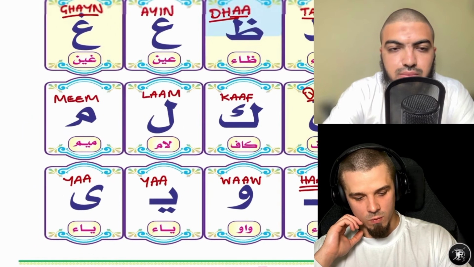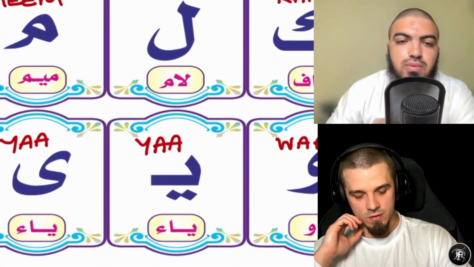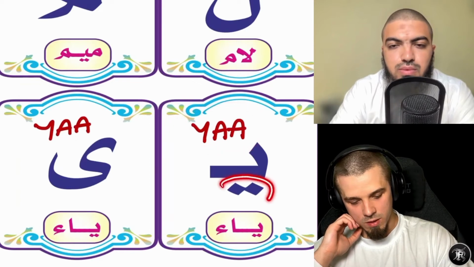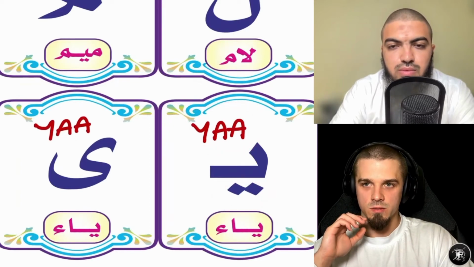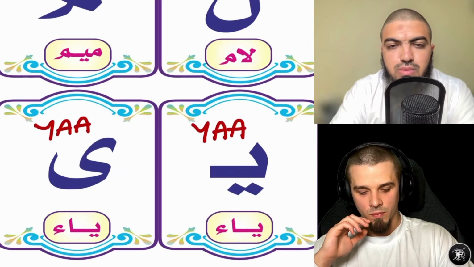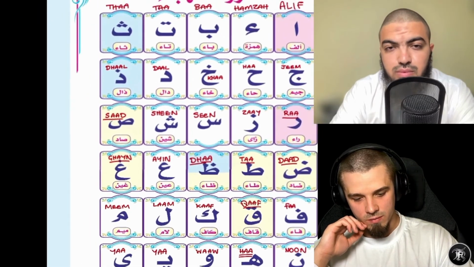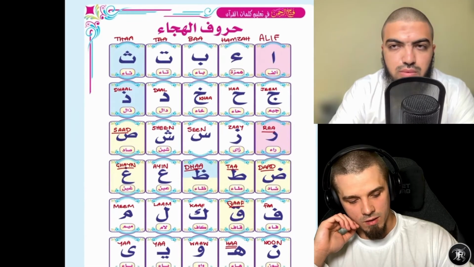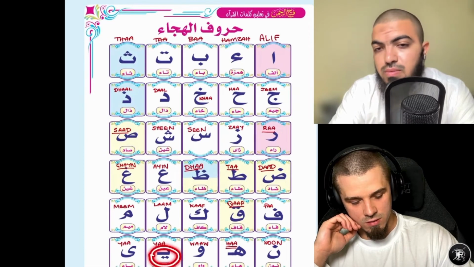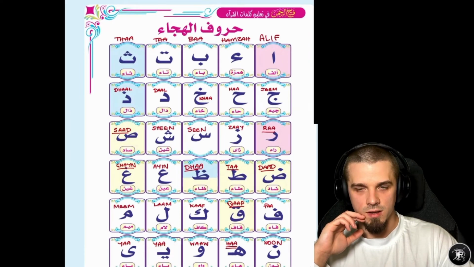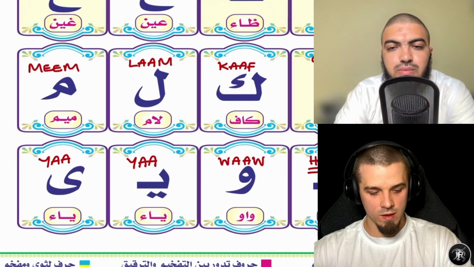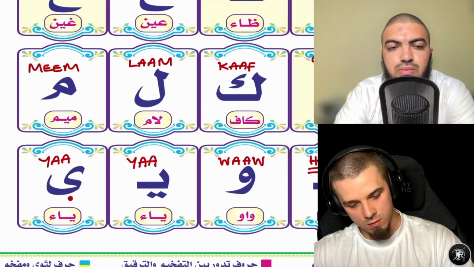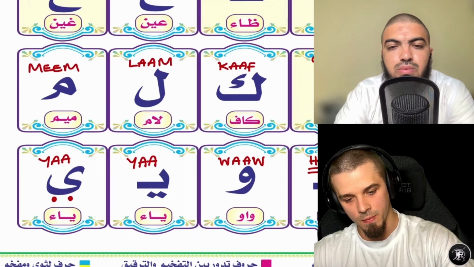So you actually have 1 less to memorize, however, it's 2 different symbols. Normally the letter is written with 2 dots below, and I believe it's the only letter with 2 dots below it. 2 dots above it, we have this letter here, ta, and then we also have 2 dots but below the letter, which is ya. Sometimes you will find this letter here also written with 2 dots below it like this too.